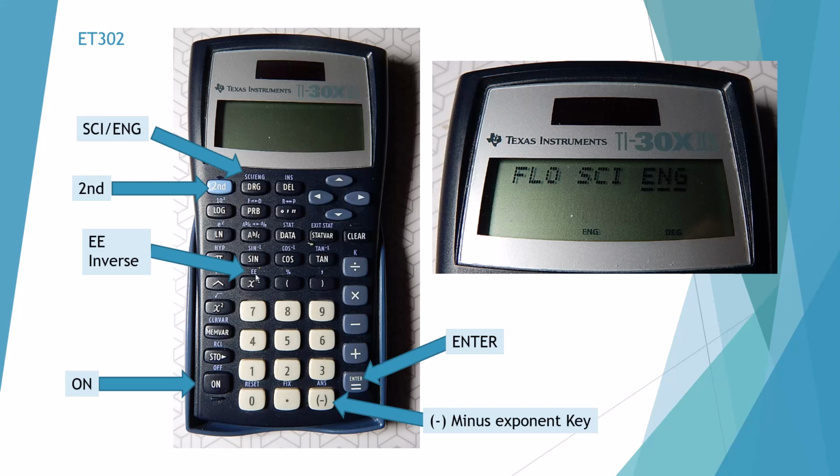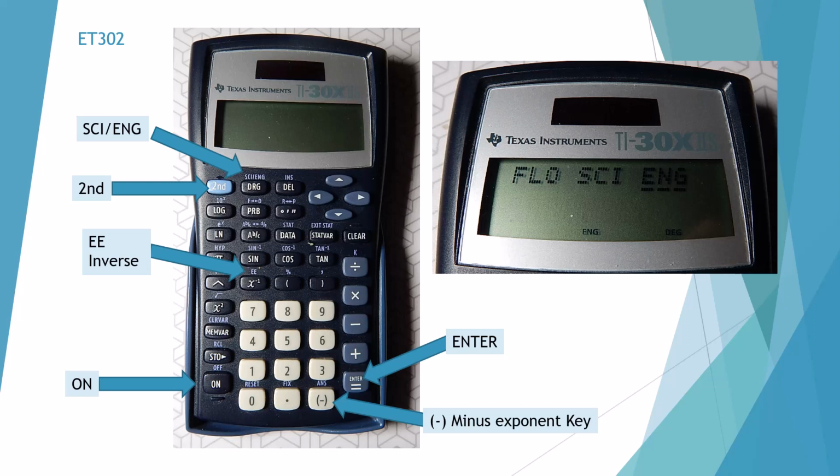That's going to give us our exponent, 10 to some certain power. If it is a minus exponent, like 10 to the minus 3, we utilize this key here. This is going to modify our exponent. Do not use the subtract key, it's wrong.